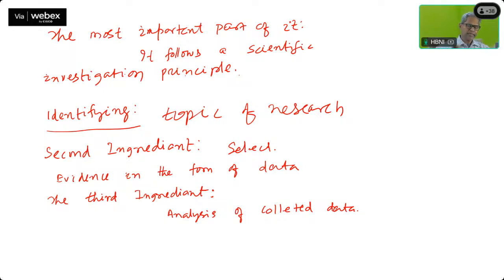So the fourth ingredient, as per our definition, is identify, select, process, and analyze information.